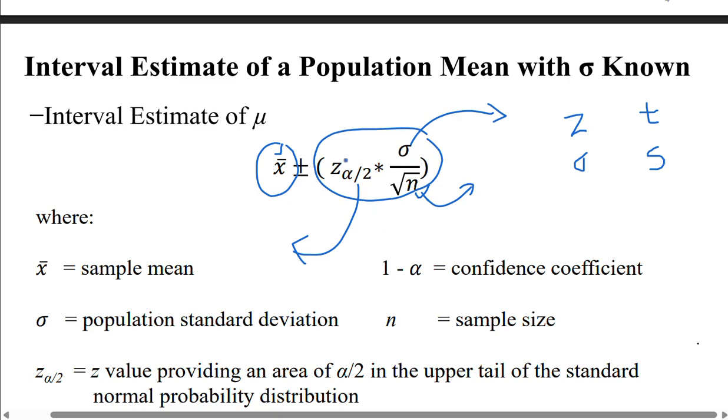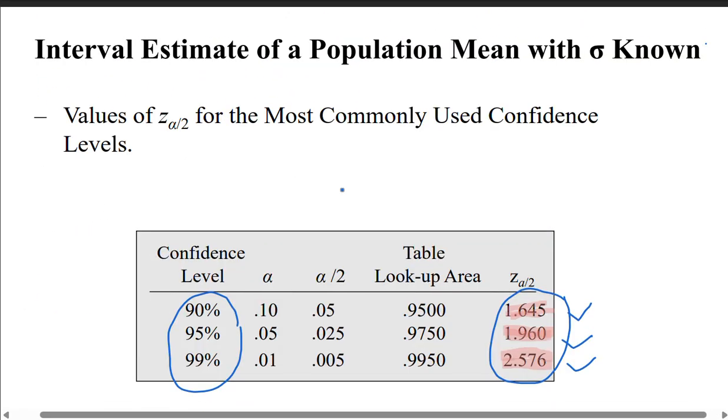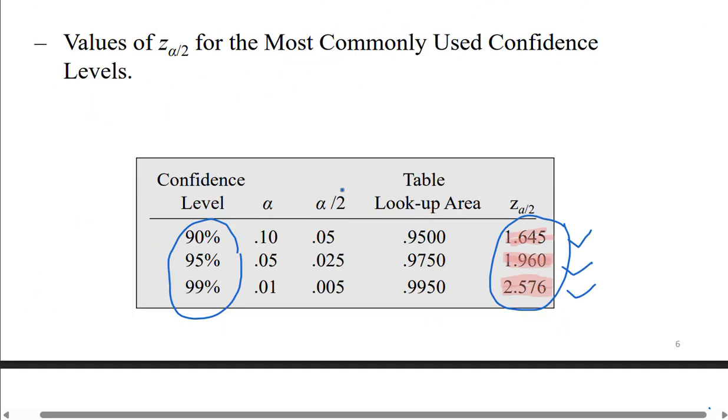The big question, therefore, is how do we know our Z critical value, or the Z alpha over 2 value? This value is determined based on the confidence level. For each confidence level, we have an associated Z critical value. Because this is a basic statistics course, we are going to limit ourselves to 3 confidence levels: 90%, 95%, and 99%.